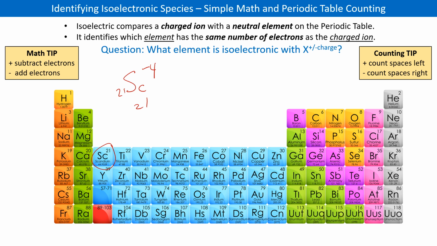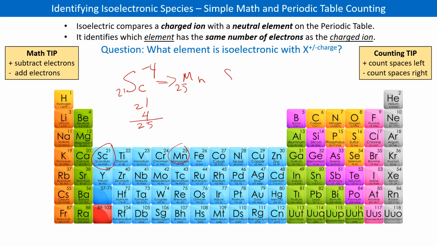Let me show you how your counting works too. 21, and since it's minus, we add electrons. So that gives us 25. 1, 2, 3, 4. So there we go, manganese. Again, minus means we add the electrons, and so this looks more like Mn with a 25.